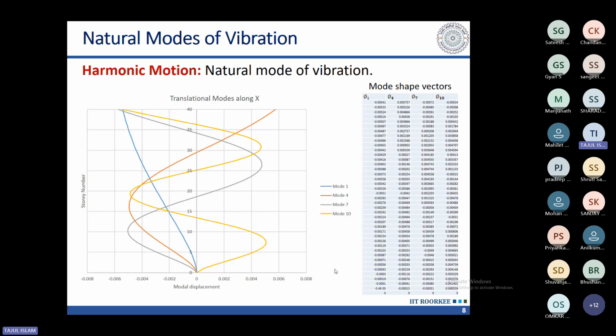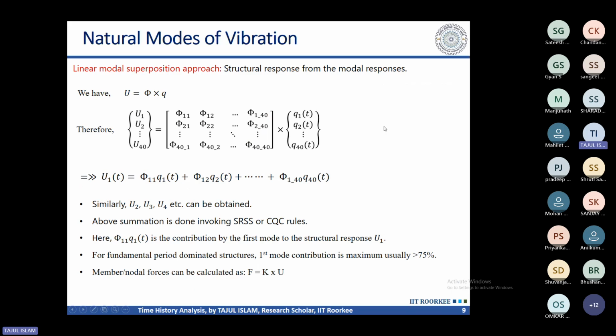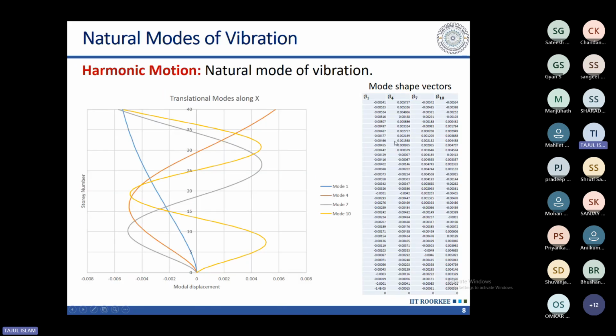And similarly, this is shown for one direction. You have two orthogonal directions in your building. So if you plot the mode shapes for the other direction, you will get something similar, maybe with different values. So this is what it means. And these mode shapes, again, I have copied from the output of my analysis results.